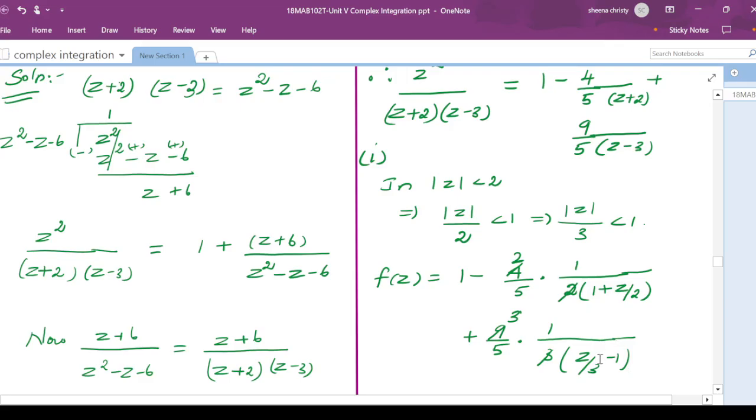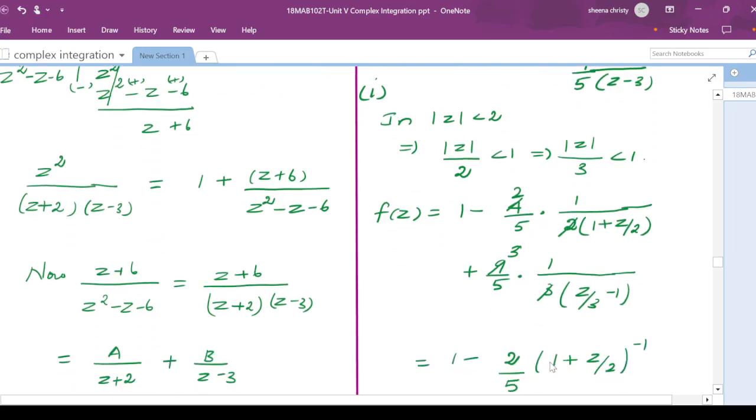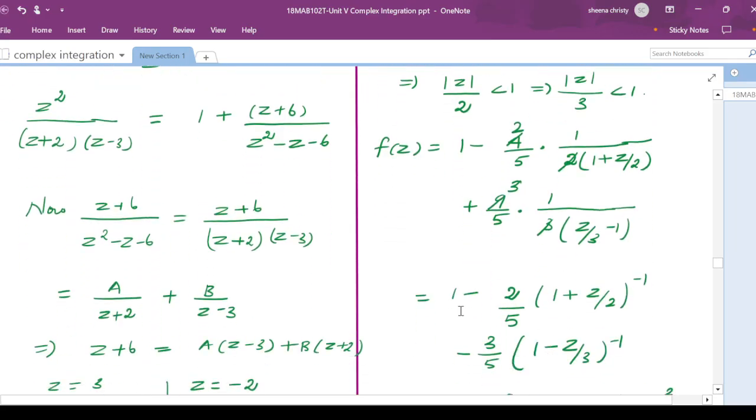I am going to make it in the 1 plus or minus x form, so I am taking the minus sign outside. Then 1 minus, the 2 and 4 get cancelled, giving 2 by 5 into (1 plus z by 2) whole power minus 1. Then by taking this minus sign outside, you will get minus 3 by 5 into (1 minus z by 3) whole power minus 1.